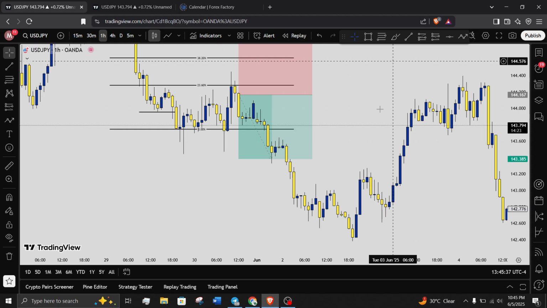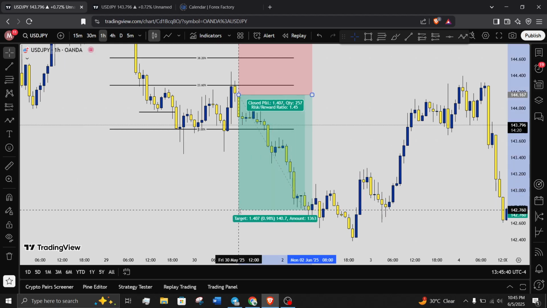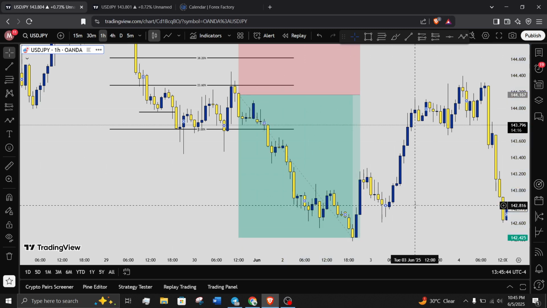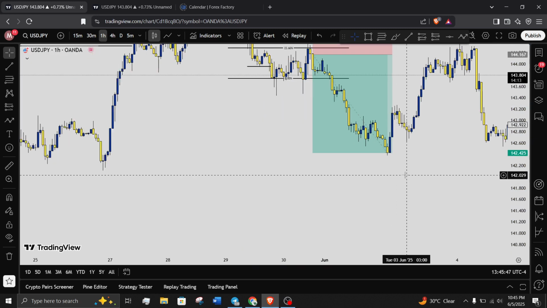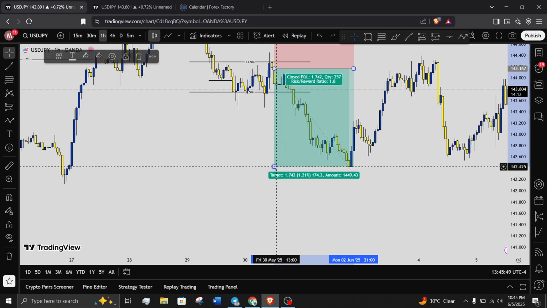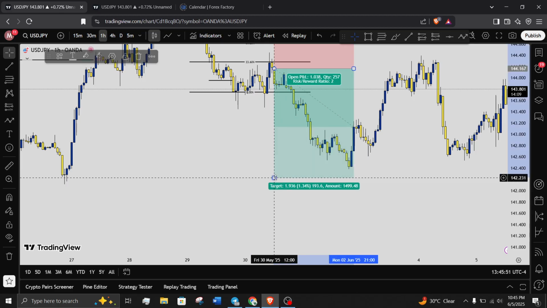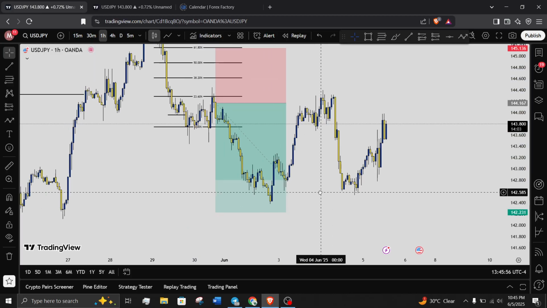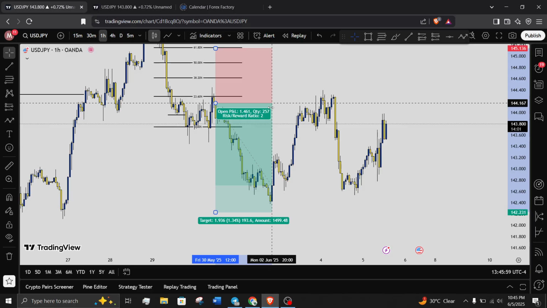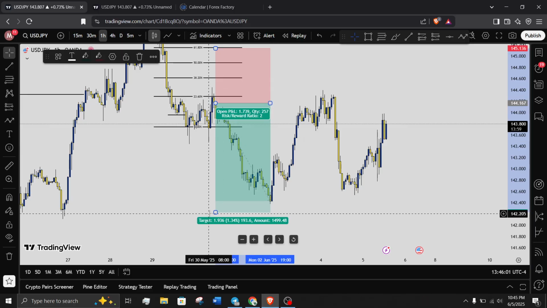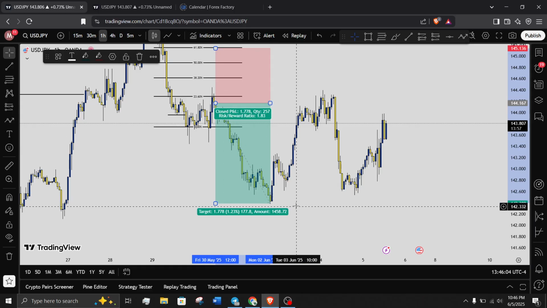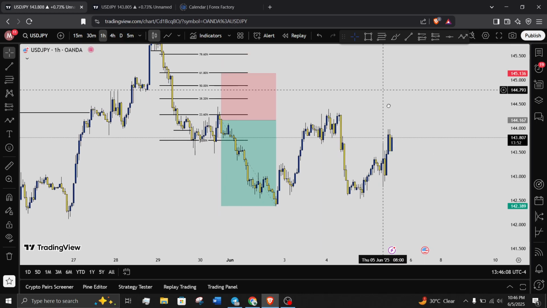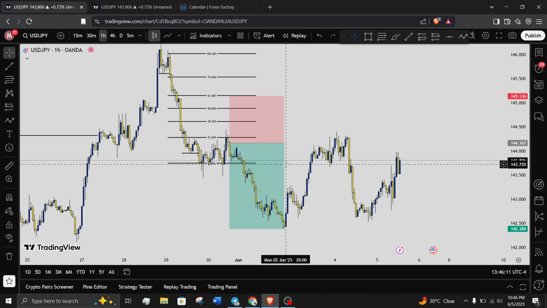I place my stop loss right here, and I usually target 1:2, and also book some on my way down. Okay, so the 1:2 didn't actually get hit. We went almost right here, about 1.8, which is still a pretty good risk to reward ratio, not bad. So this is how you can capitalize on a counter trend move.